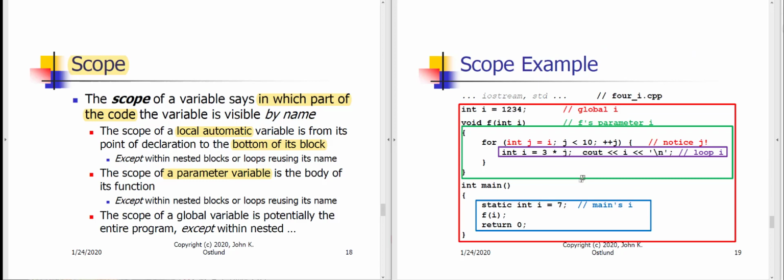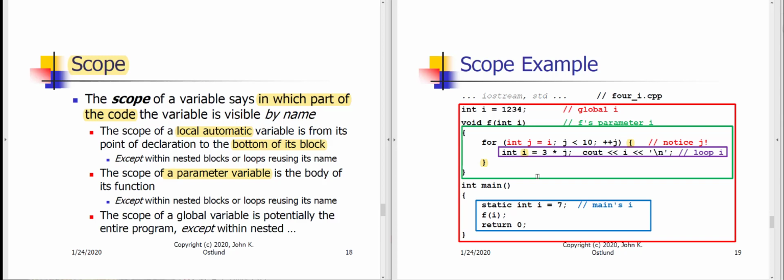For example, here on slide 19, we have a block of code for this for loop in the function f, and within that block of code is a local automatic variable called i. The scope of that variable is just the block, the yellow bounded block that I have indicated within the for loop.